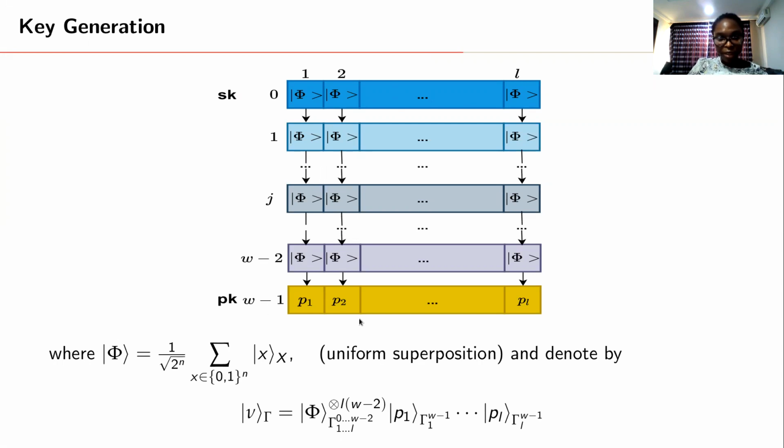Then the public key is generated uniformly at random. Then we reprogram the random oracle such that it is compatible with the hash chain. This state is a summary of all of this written in mathematical form.